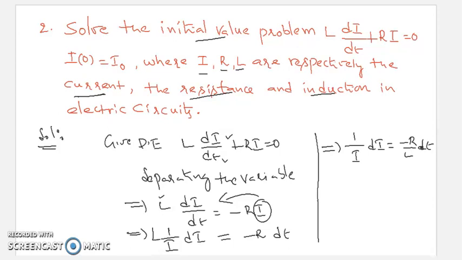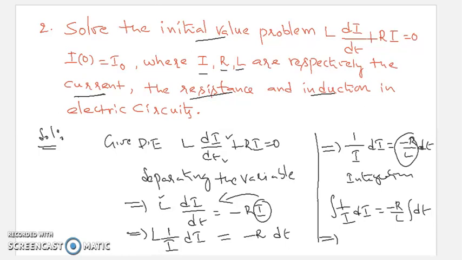Now clearly the variables are separable. After separating the variables, we can solve this equation by applying integration on both sides. Integral 1 by I into di is equal to, here R by L is a constant since there are no t terms in it, so R by L integral dt.